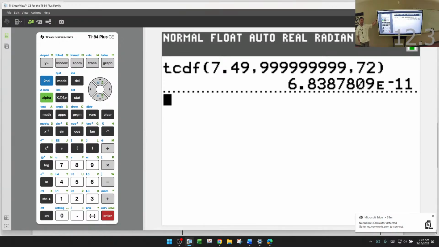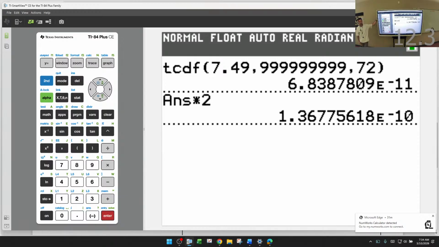So if you want to put almost 0, if you double it, it's still almost 0. So it really won't matter if it's a one-tailed or two-tailed test, and maybe that's why the question doesn't care. So I would put p-value almost 0.